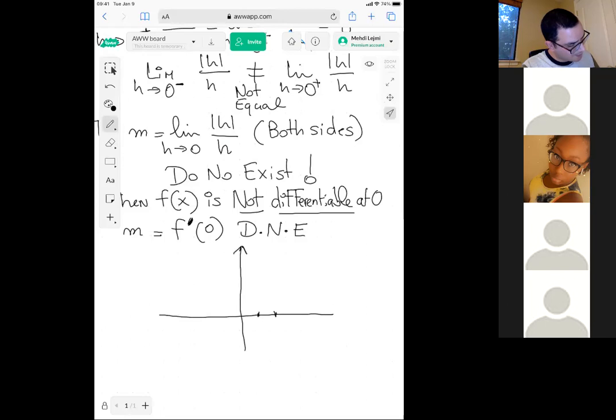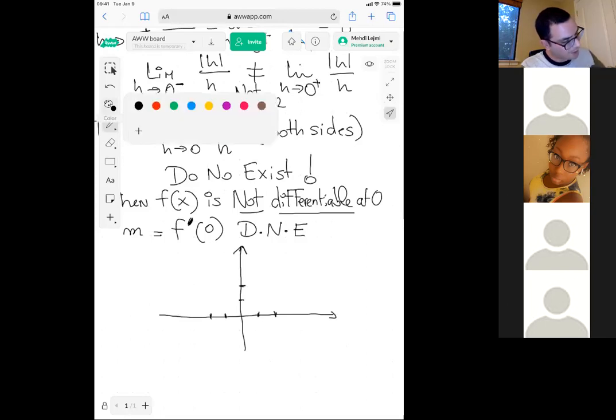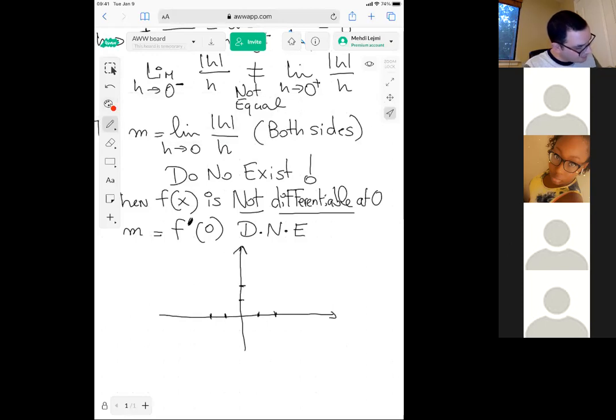Let's say this is your number line here. If you graph absolute value of x, the graph would be like this. So this is the absolute value of x, right? Here you see at 0.